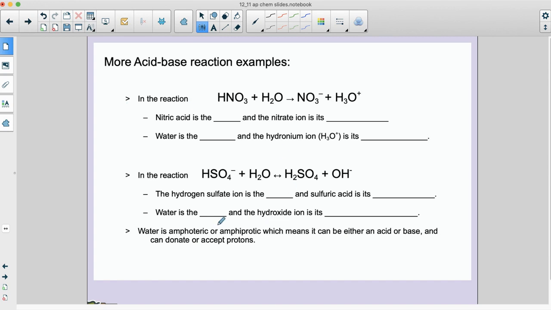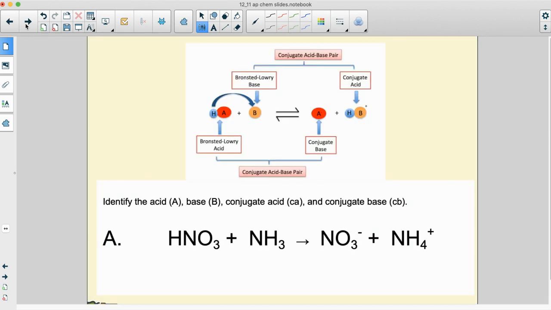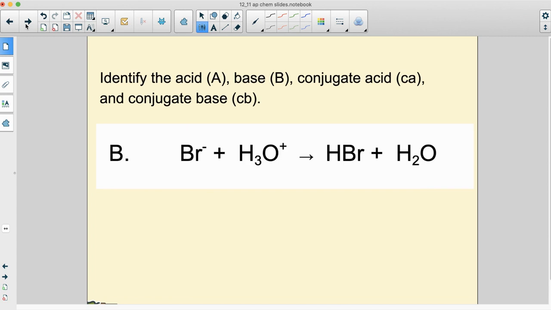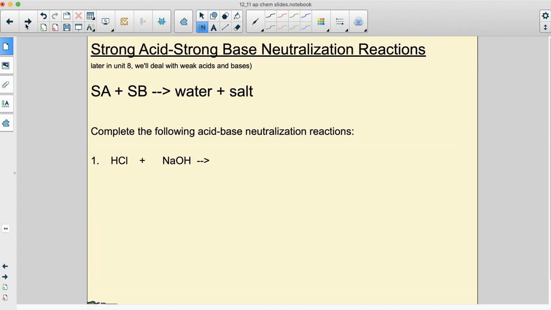And again, I go through this all at the end of the previous day's class videos, so you can look at that for these examples. Same with these two examples, which are on the previous day's video.